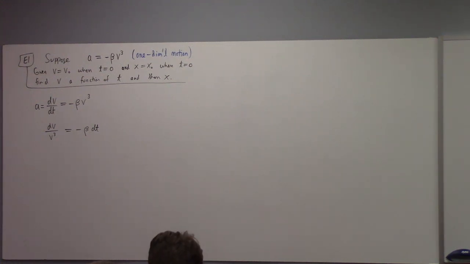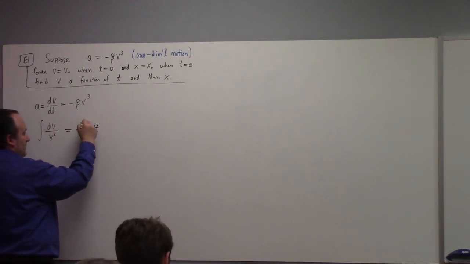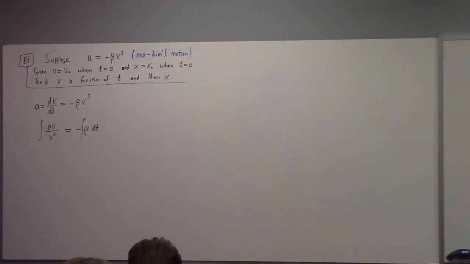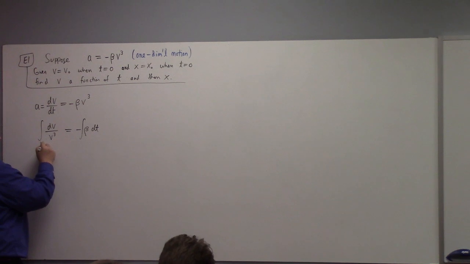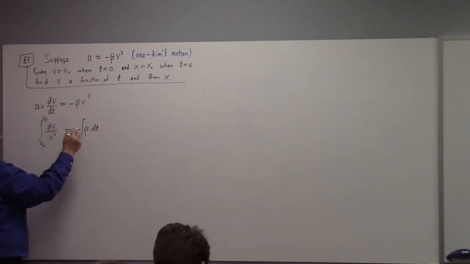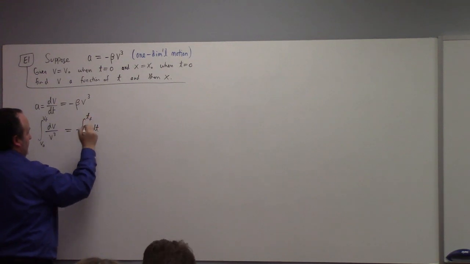Okay. So then you integrate this thing. If we integrate both sides, I'm going to integrate over corresponding bounds. I'm going to integrate from v naught to vf. And over here I'm going to integrate from time 0 to time tf for final time.